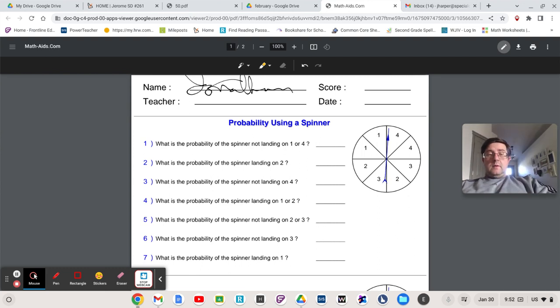Okay, what is the probability of the spinner not landing on 1 or 4? Okay, so again, we'll count them up. We'll go 1, 2, 3, 4, 5, 6, 7, 8. So we go 8. Now, what is the probability of a 1 or a 4? So let's count up how many 1s.